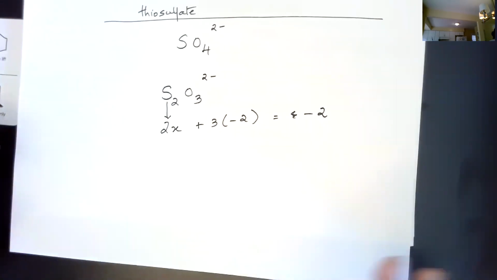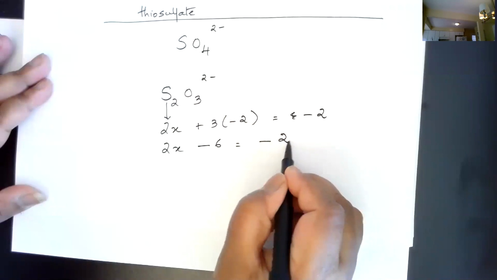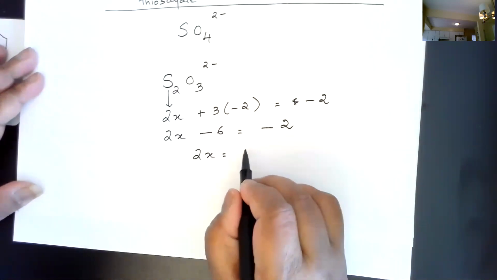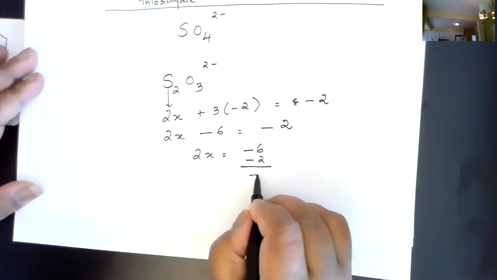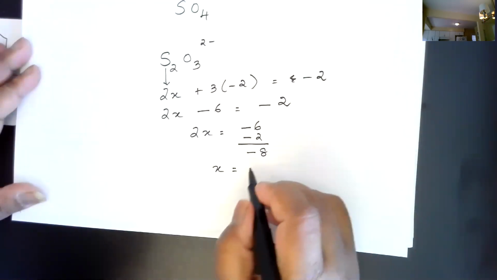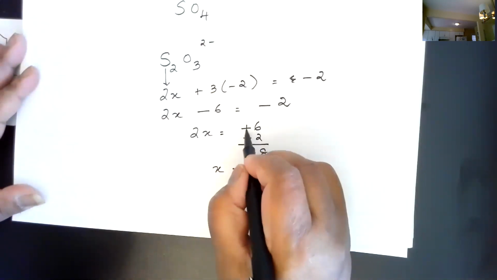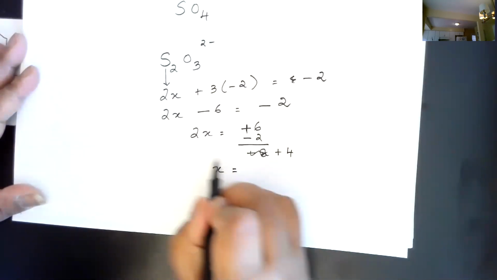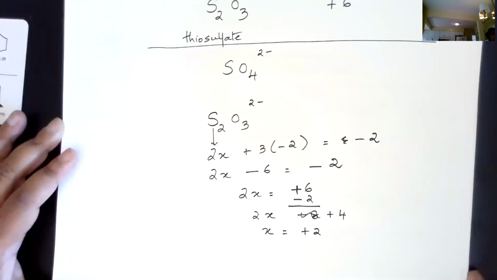Learn the method: 2x minus 6 is -2, so 2x is -6 minus 2... wait, 2x is +6 minus 2, that is +4, so x is +2.